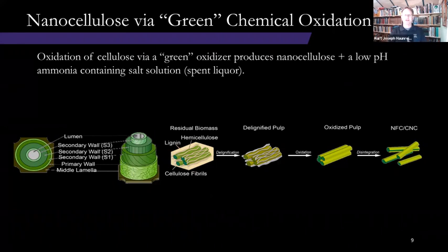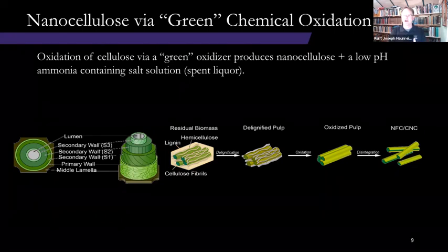You're separating the lignin, you're going to consume the hemicelluloses, and you'll end up with these delignified fiber bundles. You may have some hemicelluloses left over, not a lot. You're going to oxidize it. You're going to still have fiber bundles. Why is that? Pulp in, still going to be pulp out. It's going to look the same. Somebody mentioned it already today. What's happening between those fibers?